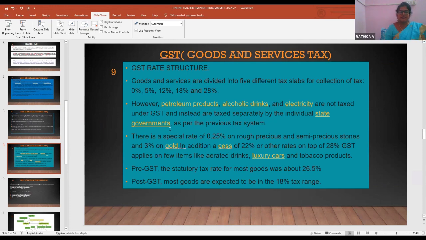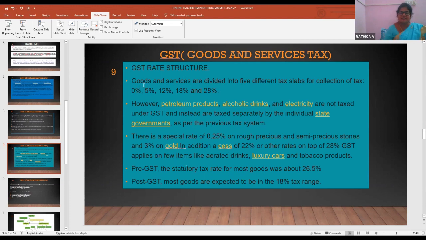In these items you can see a special rate of 0.25% on rough precious and semi-precious stones, 3% on gold, and cess, and 28% GST applies to a few items like aerated drinks and luxury cars. 28% is the highest GST, and we can see that only for luxury cars and aerated drinks.